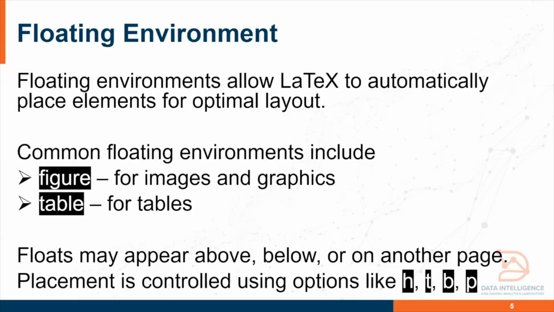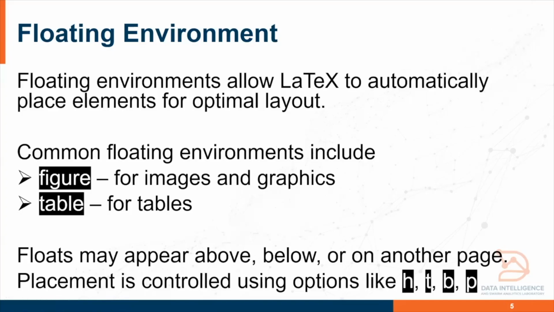These floating environments allow you in LaTeX to automatically place elements exactly where you want them, right? Some common floating environments are figure, table, and even equations. If you want an equation at a particular place, you can make use of this floating environment, which will be talked about later.